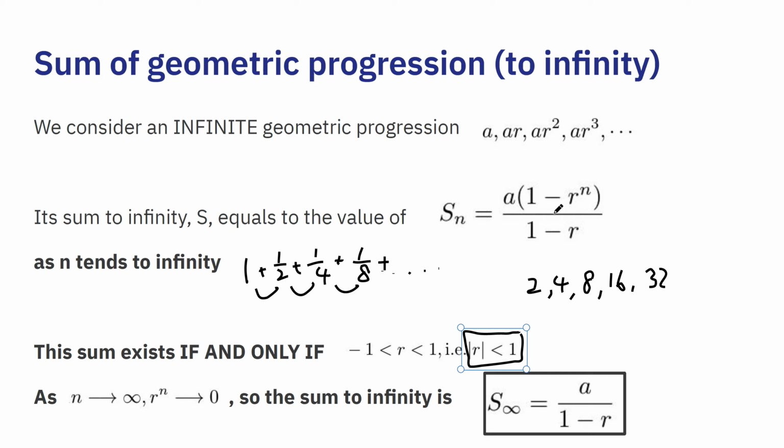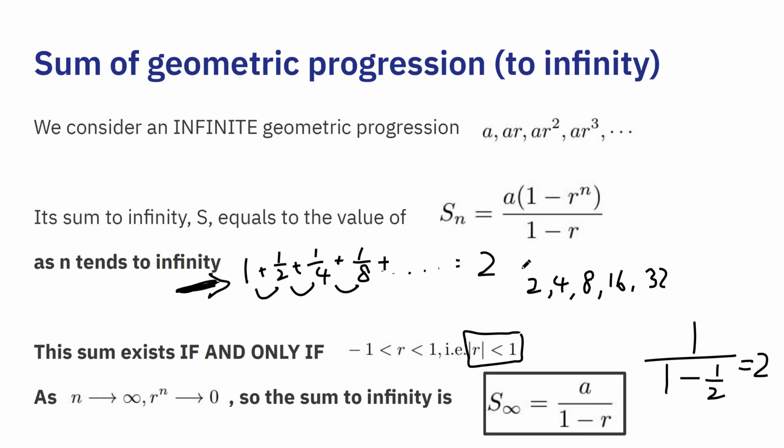So your thing on top here will eventually just become 1. So your sum to infinity is just a over 1 minus r. Again, this is a very important formula. If we apply it to this question right here, our sum to infinity is just a, 1, over 1 minus the common ratio, which is half. And this is equals to 2. So 1 plus half plus 1/4 plus 1/8, so on, so on, all the way into infinity will be equals to 2, which is a very beautiful thing.